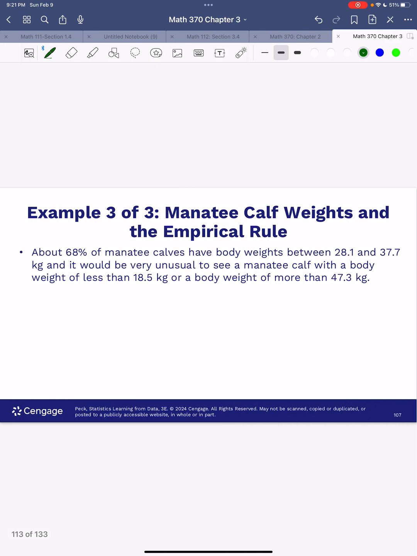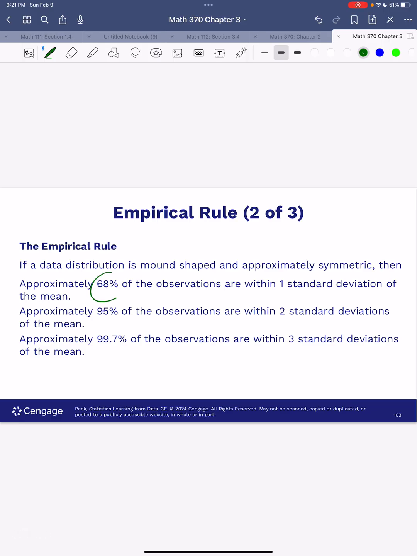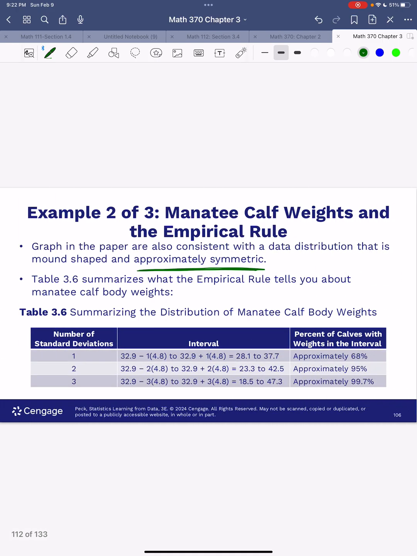If we go back to this slide here, this is the breakdown of what we believe the data is based on the standard deviations under that bell-shaped curve. To be within one standard deviation of the mean would be approximately 68% of our data. Within 2 is where the 95% would lie, and within 3 would be the majority of our data, 99.7.